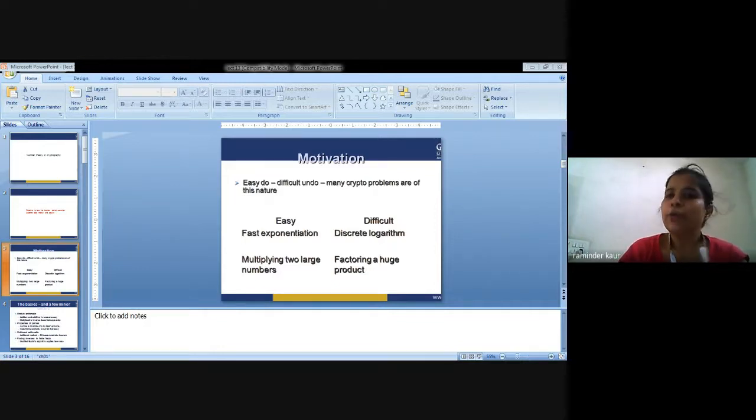In any group G, we denote the group with the capital G. Powers b raised to power k can be defined for all integers, where k falls in the range of the integers. And the discrete logarithm, log b of a, is an integer k such that b to the power k is equal to a.